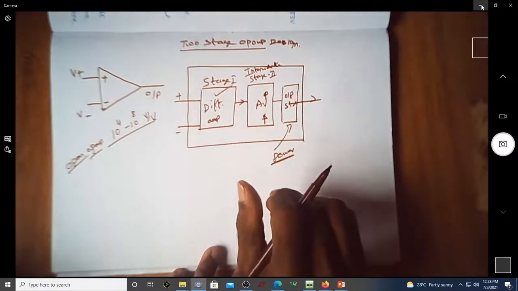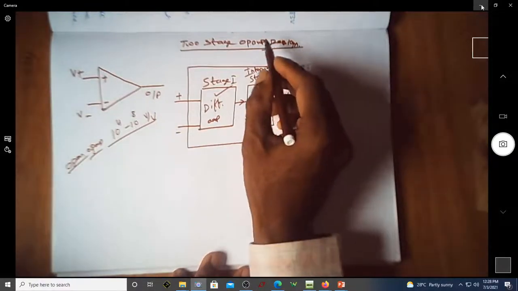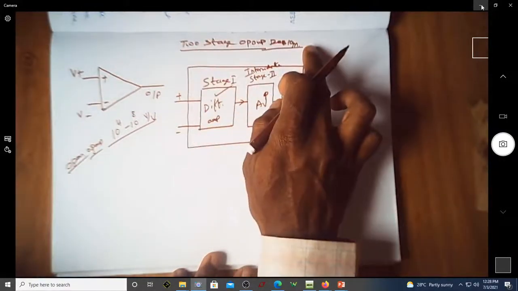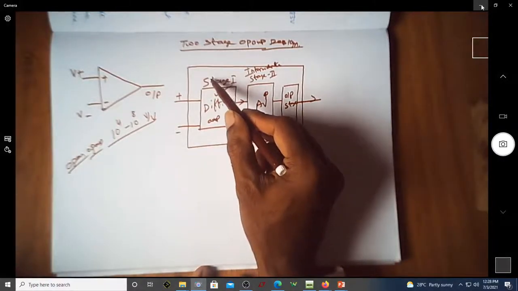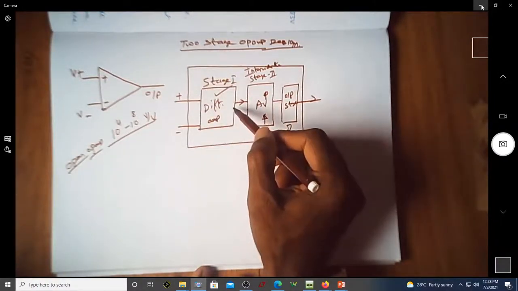which is not a part of this particular scope. In this two-stage operational amplifier design, we are certainly talking about the first stage, which is a differential amplifier.